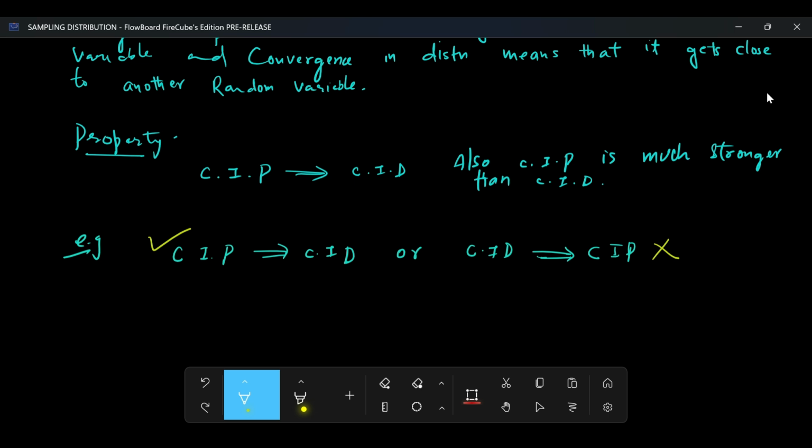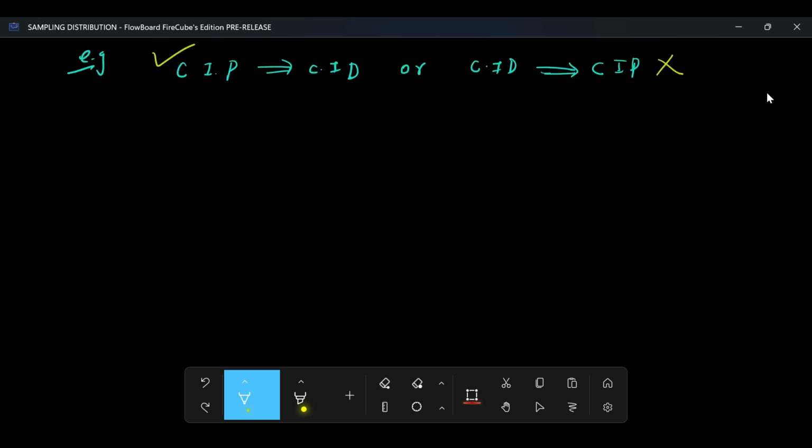Now let's take some examples on this convergence in distribution. Then you will get to know why we use convergence in distribution.